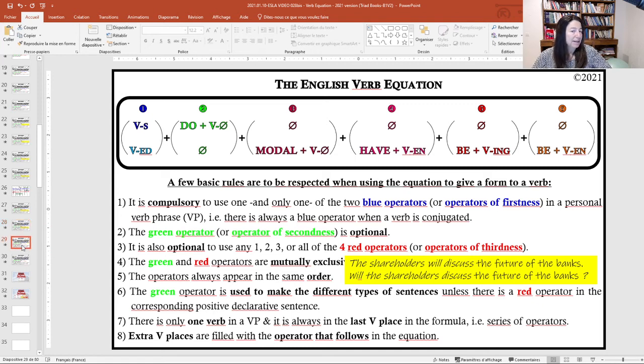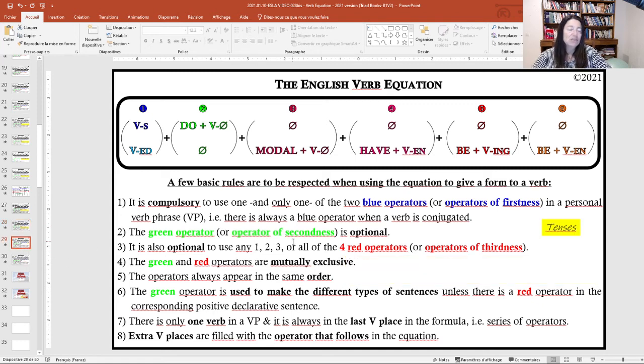Okay, yes, so maybe to conclude, I should point out that the verb equation is very complete, and that when it comes to creating tenses, all the tenses that exist in English are created without do plus V0, which is used to create the different types of sentences.